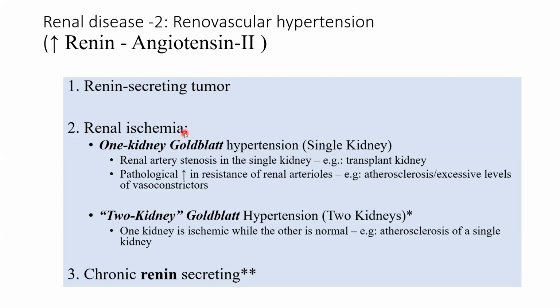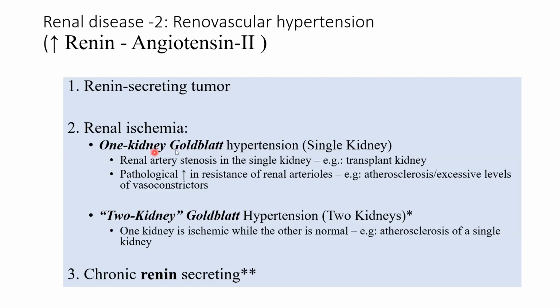Okay, if you're clear on that, now we are good to go. Now we can talk about the two Goldblatt hypertension scenarios that Guyton talks about. Goldblatt was the physician who studied this hypertension, so that's why his name is there. There's the one kidney Goldblatt hypertension, and then there's a two kidney Goldblatt hypertension.